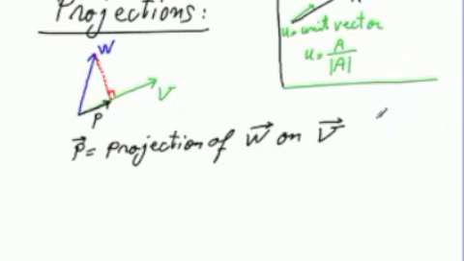Second thing, just for convenience of creating our formulas, let's call this angle theta. Now I have this right triangle here. Let's call this side A, call this side C, and this guy B as usual.